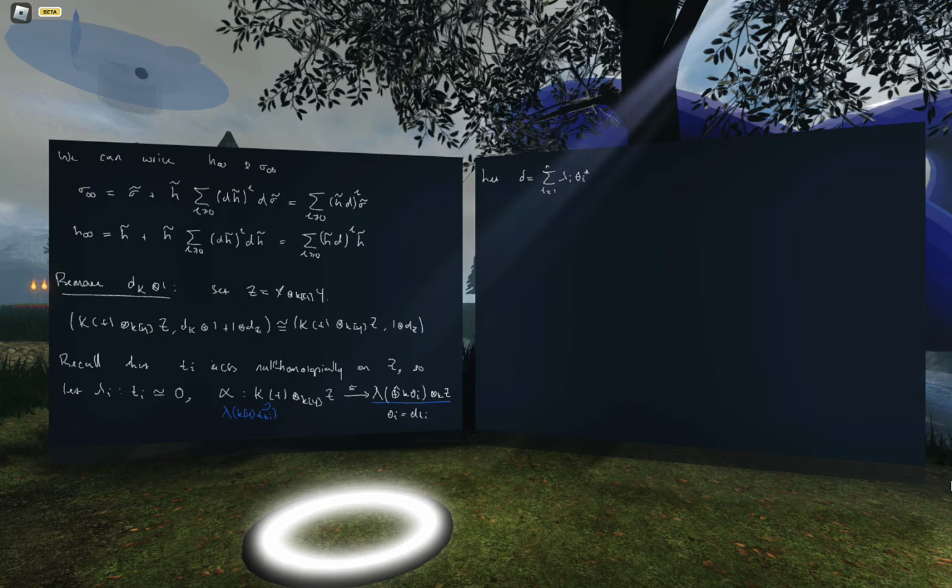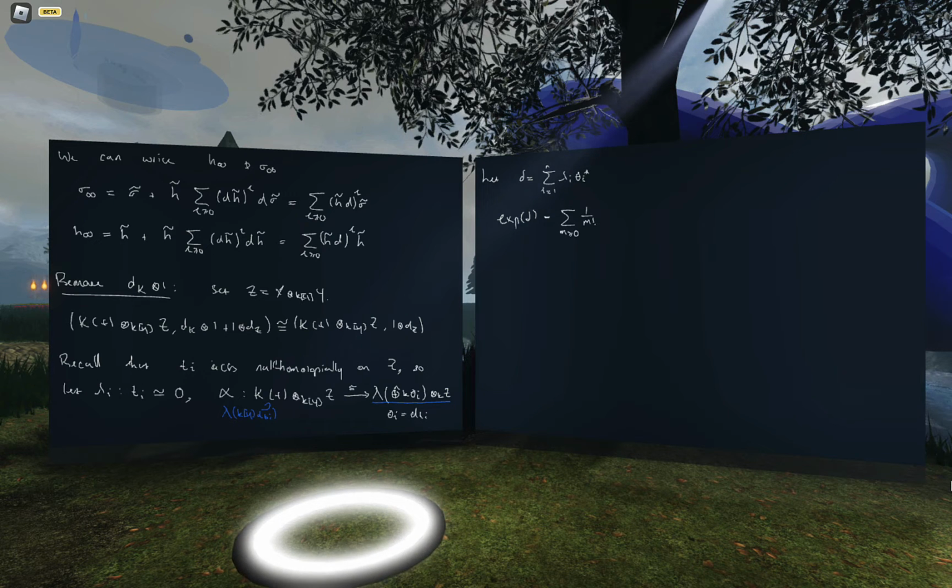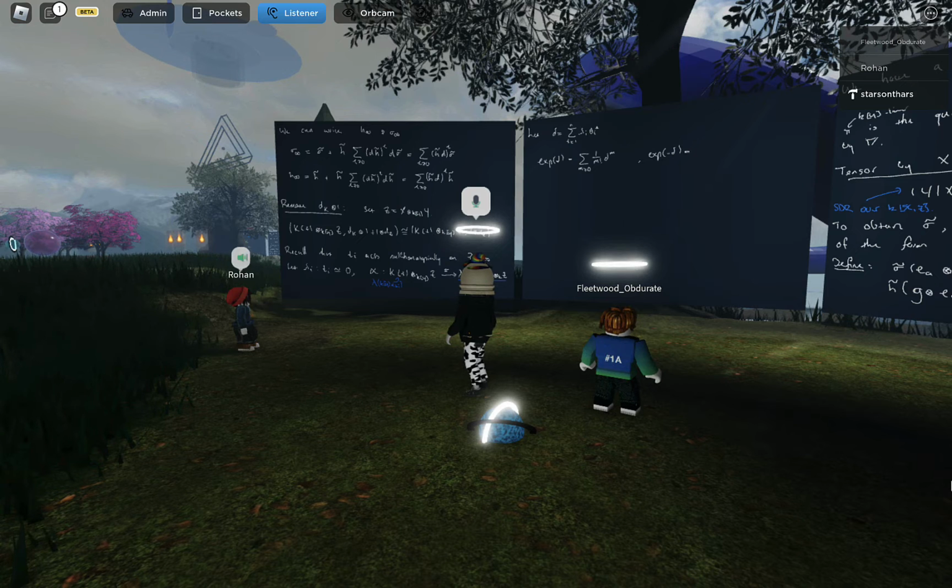And then we set exp of delta as this, and I'll comment on why this is well defined in a moment. And likewise, exp of minus delta as this thing.